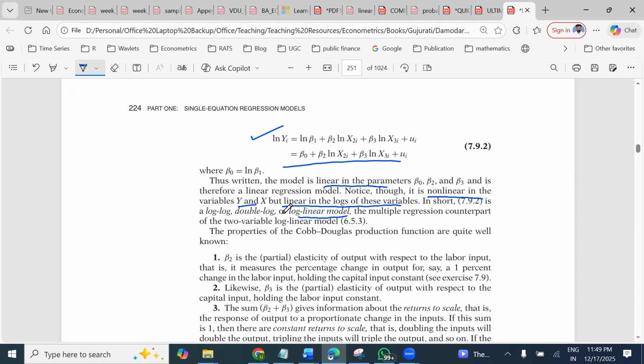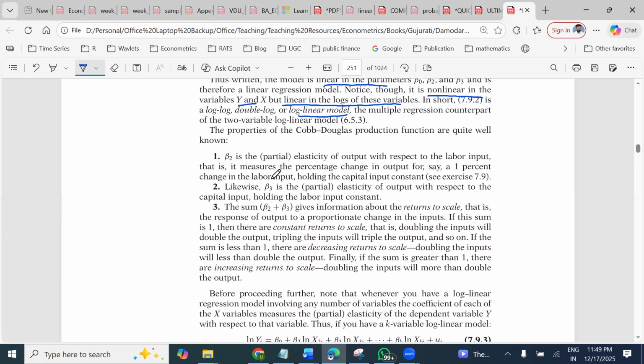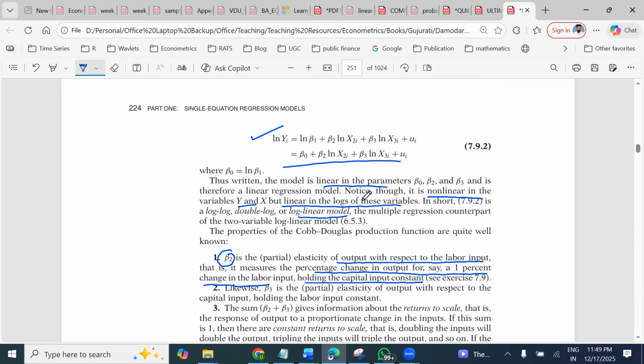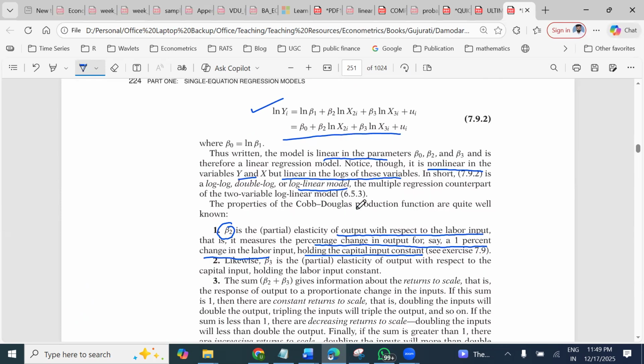Clear? Now beta 2, what is beta 2? Beta 2 is the partial elasticity of output with respect to the labor input. It measures the percentage change in output for a 1% change in the labor input, holding the capital input constant. Because it is saying beta 2 ln x2i, right? The coefficient is beta 2.